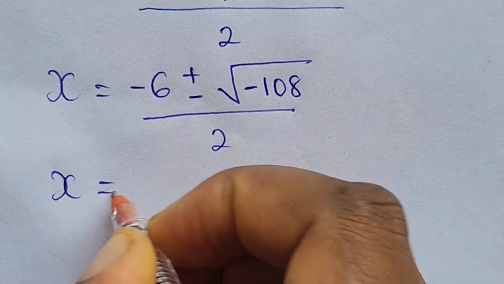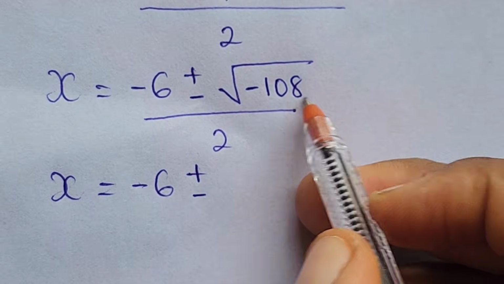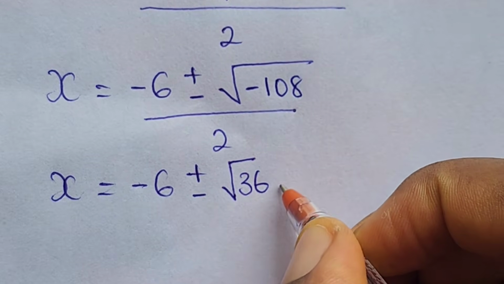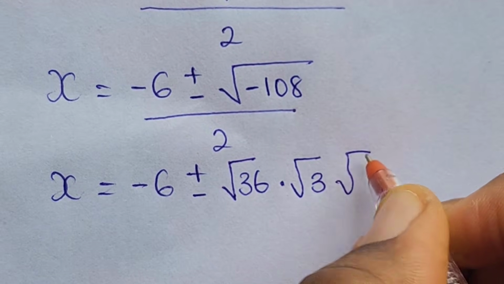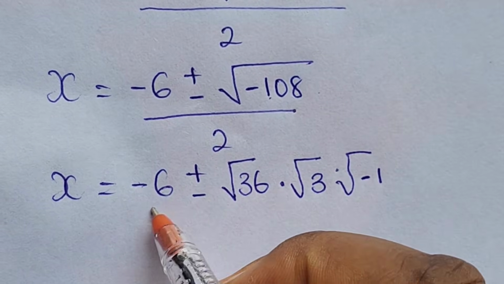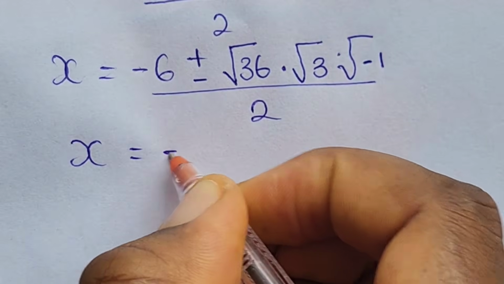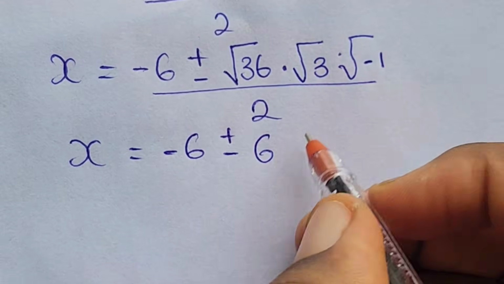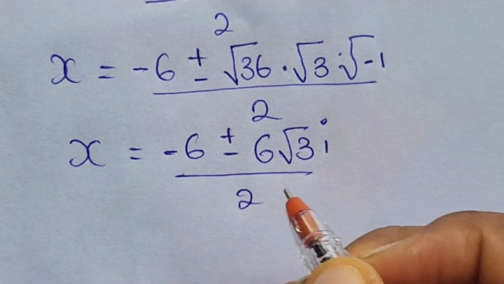So our x is equal to minus 6 plus or minus, we can split this to have root 36, root 3, and root of minus 1 to give us 108, all over 2. Resolving this, we have x equal to minus 6 plus or minus, the square root of 36 is 6, so we have 6 root 3 i over 2.